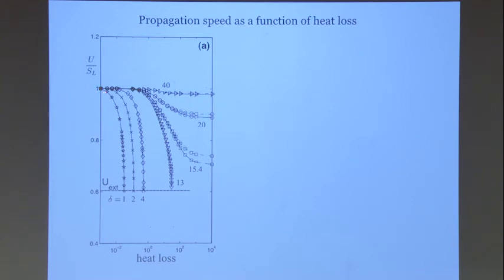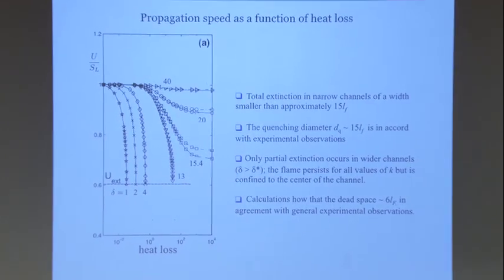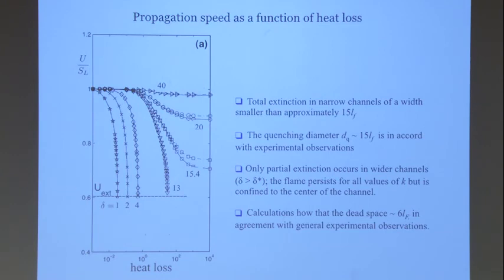Then the velocity decreases, and at about 60%, very similar to the theory, the flame extinguishes. That's true for delta 1, 2, 4, but when delta becomes large, eventually the flame can exist for any loss because the channel is sufficiently wide. It exists in the center.